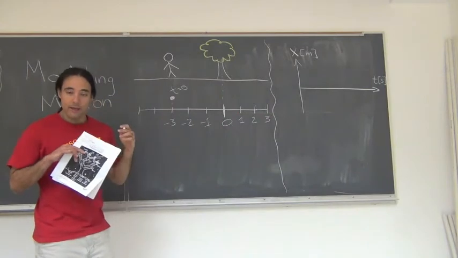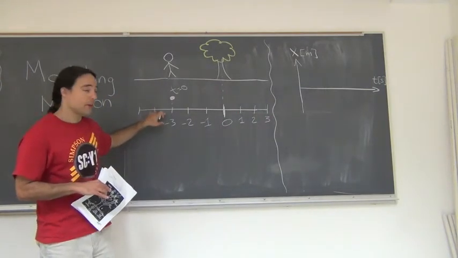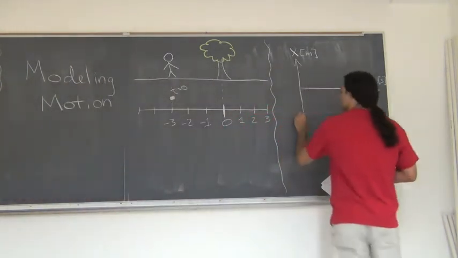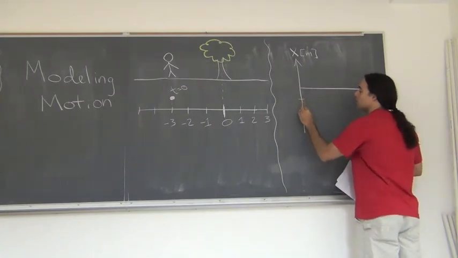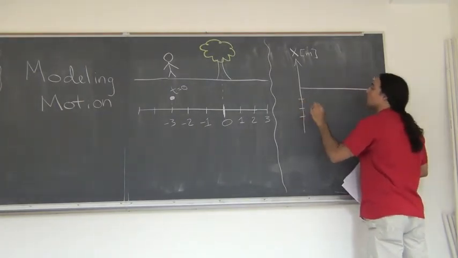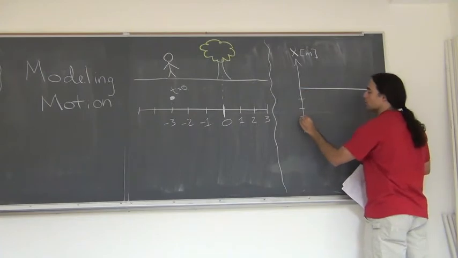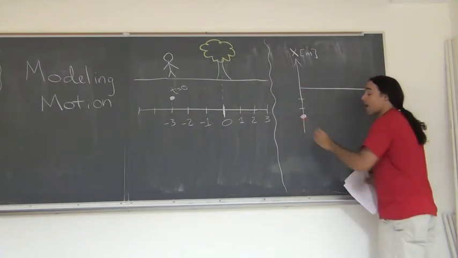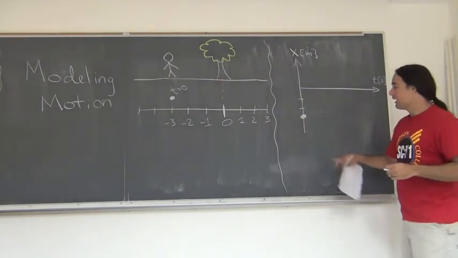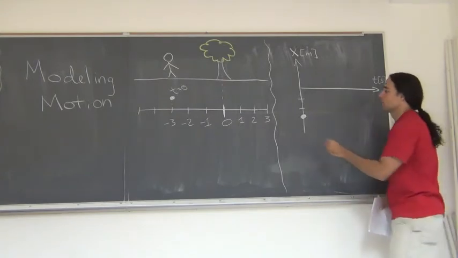And my initial position is negative 3 meters, so I would have to go down. So at time 0, I would be at this point on the graph. I would be at negative 3 meters.